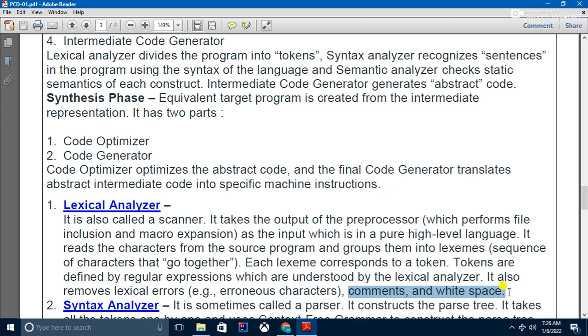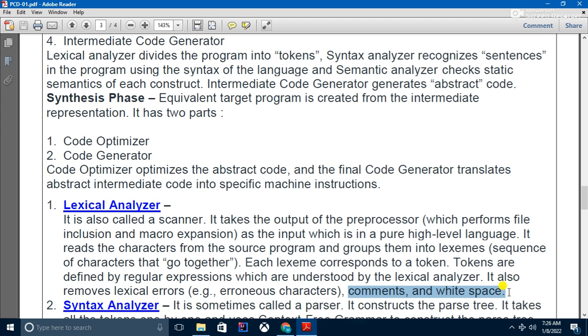So the basic functionality of the lexical analyzer is to take the input from the preprocessor, whose output is a pure high level language program, then read the program character by character, and group the characters it has read into the basic units called lexemes or tokens.